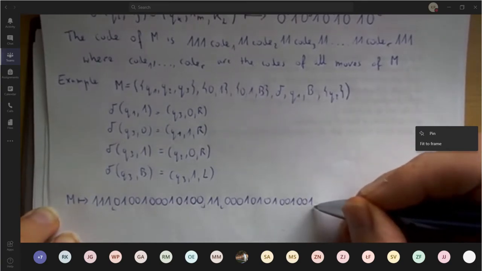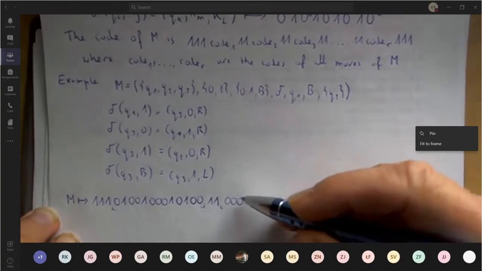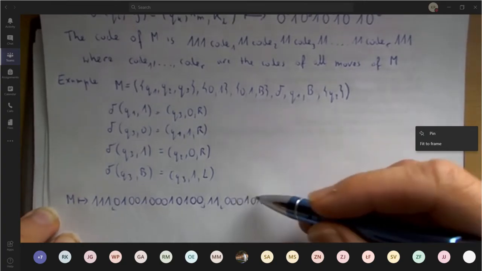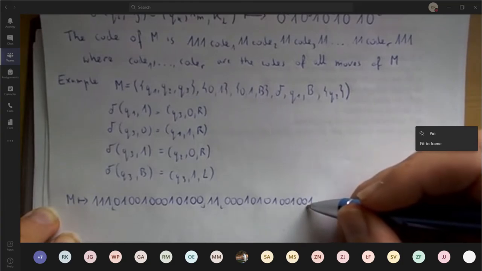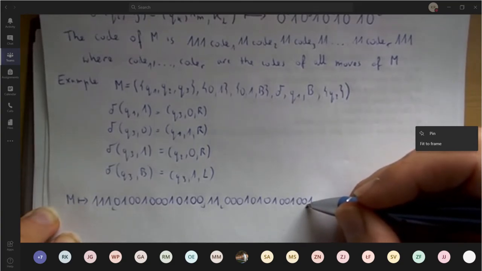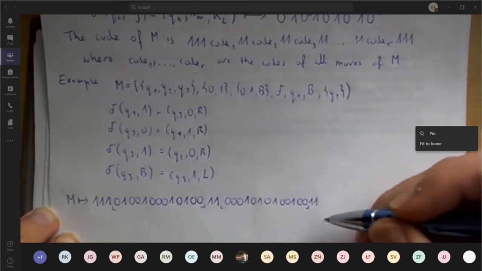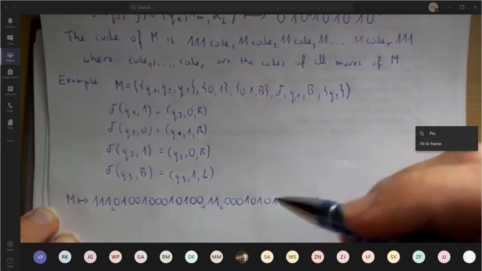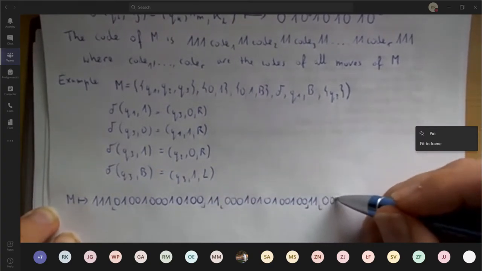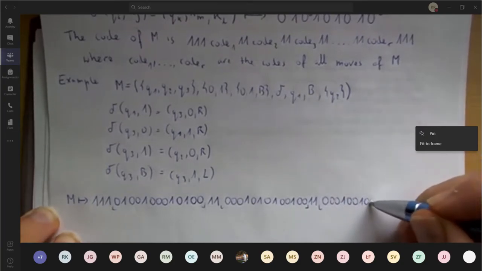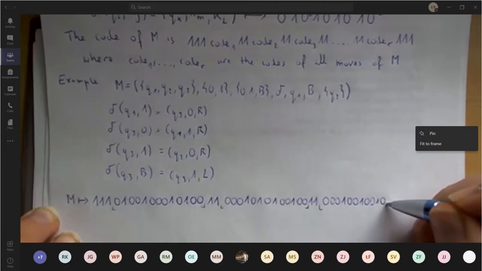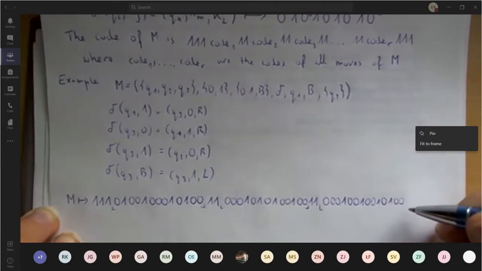Okay. So this is the end of the second move. So 2 ones, and now here is the third move. 0 0 0 1 0 0 1 0 0 1 0 1 0 0. This is the end of the third move.